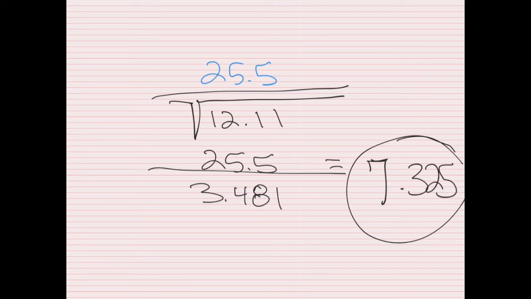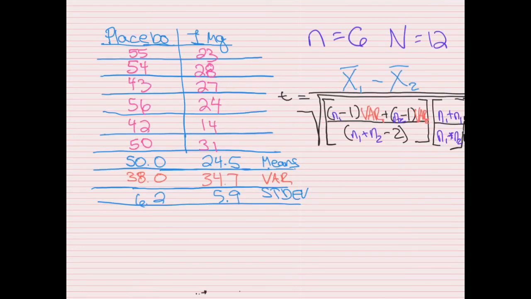But what I kind of want to talk to you about now is something a little bit different. So some of you have asked about your SPSS, and I think part of the problem is that you're not understanding how to set it up in SPSS.